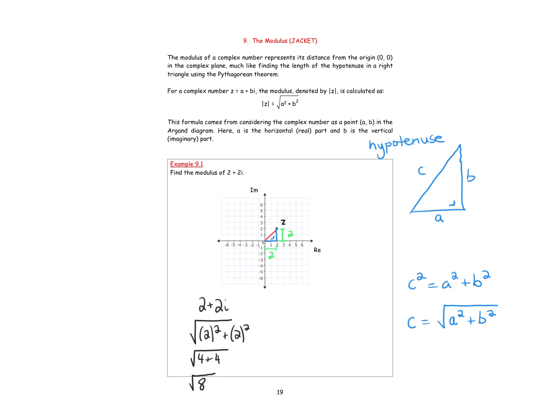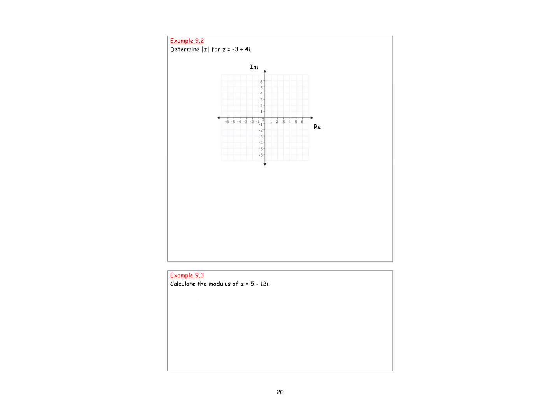We can rewrite the square root of 8 as the square root of 2 multiplied by the square root of 4, and that will break down to give us 2 root 2. Just to recap what we've done in this question, we found the modulus of 2 plus 2i, which is 2 root 2. But what that stands for is the distance from the origin to the point 2 plus 2i on the Argand diagram.